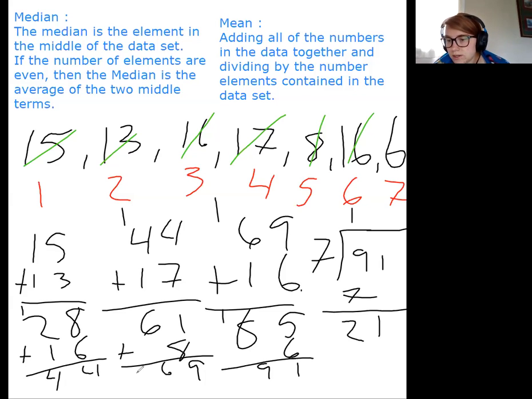Carry the 1. 7 goes into 21 three times: 7, 14, 21. So 91 divided by 7 is 13.